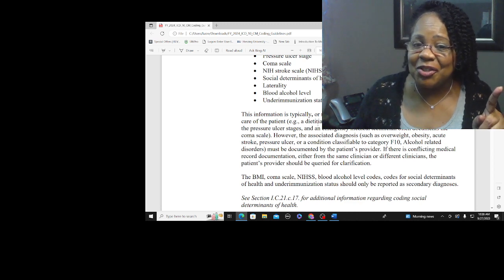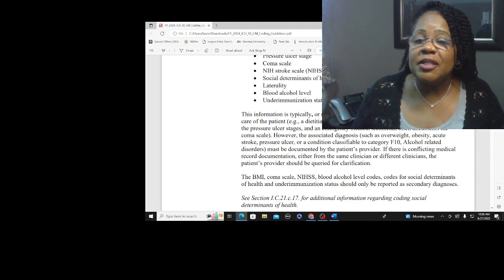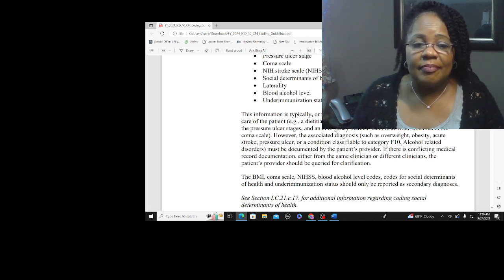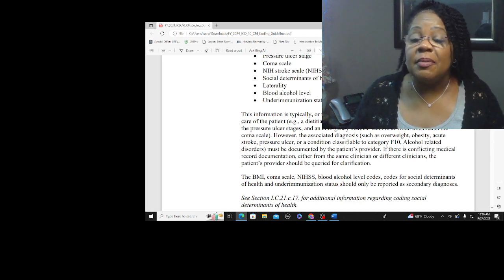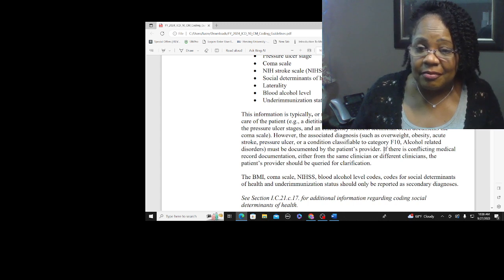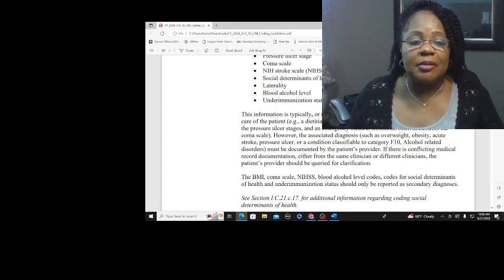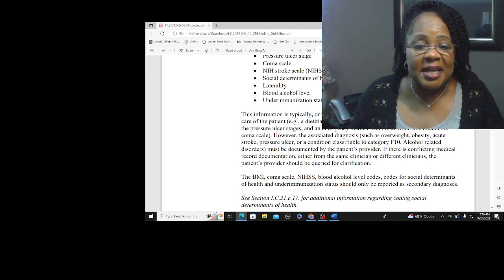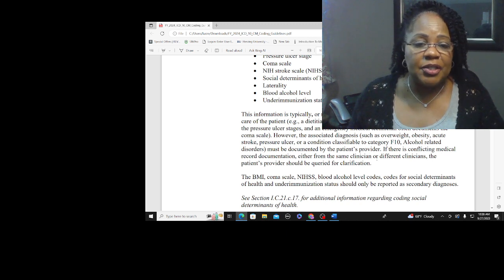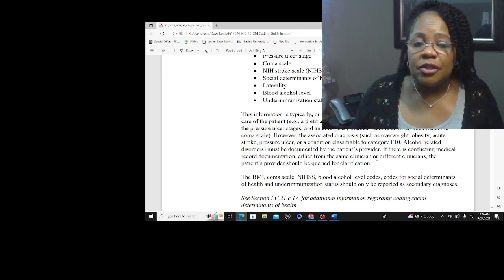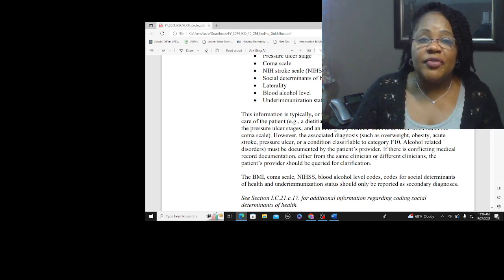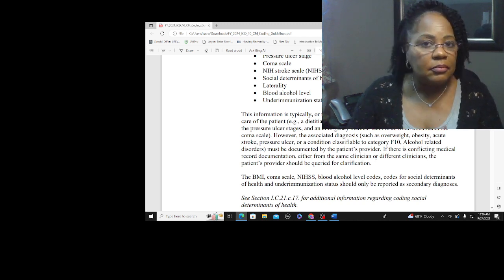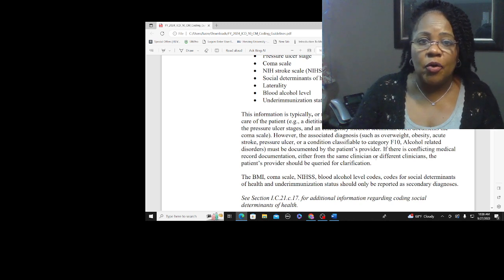Notice it's a dietitian. However, the associated diagnoses must be documented by the patient's provider. And if there's conflicting medical record documentation, either from the same clinician or different clinicians, then the patient's provider should be queried for clarification. Because I always tell my coders, we code physician documentation. Physician said it, we can code it.